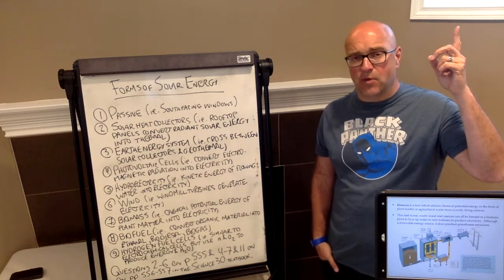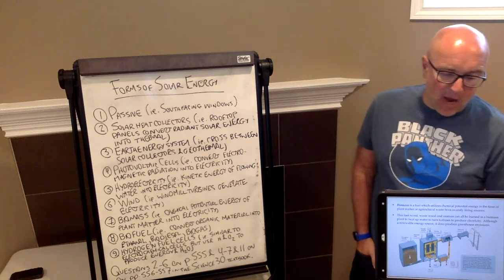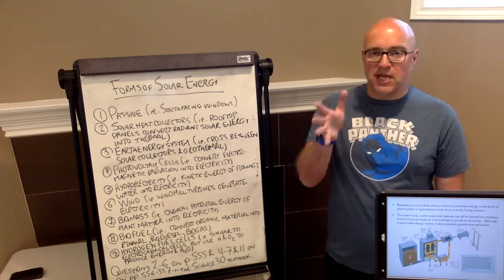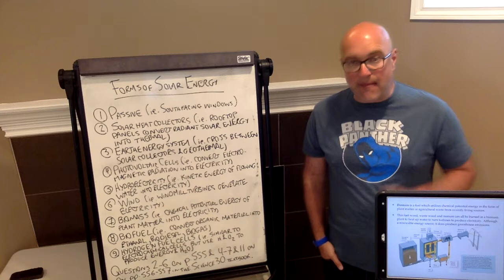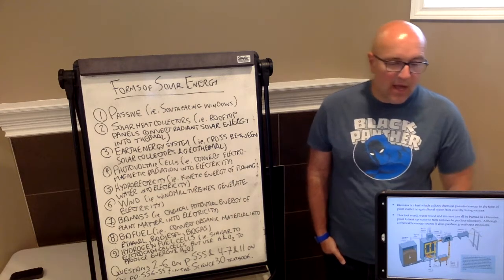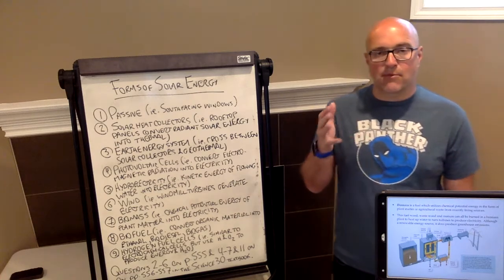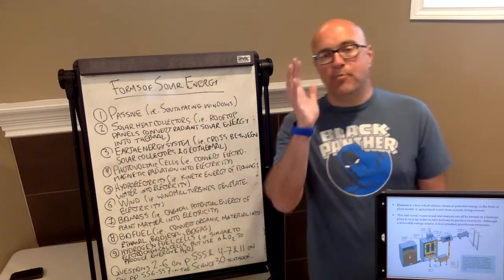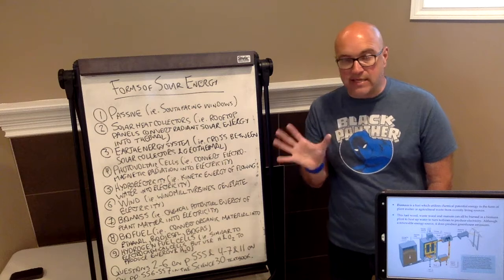Biomass, here's a quick peek at what biomass is about. It's fuel that utilizes chemical potential energy from either plant material or agricultural waste, either animals or not animals, plants that have been either harvested or plants that have been recently cut down.